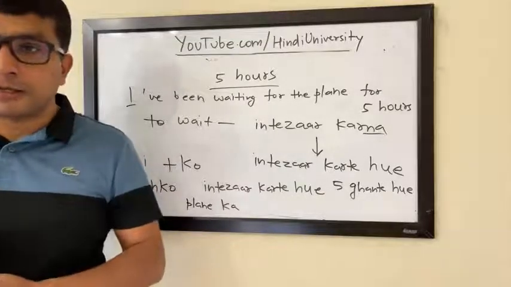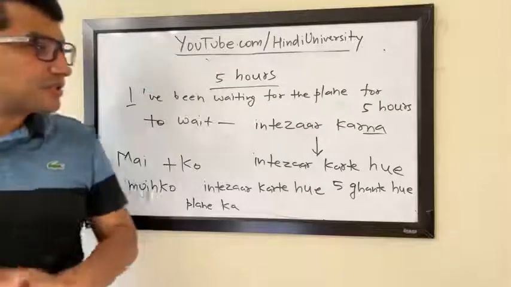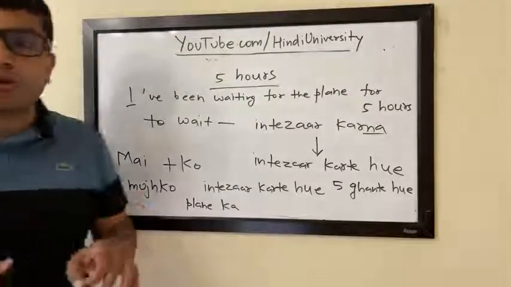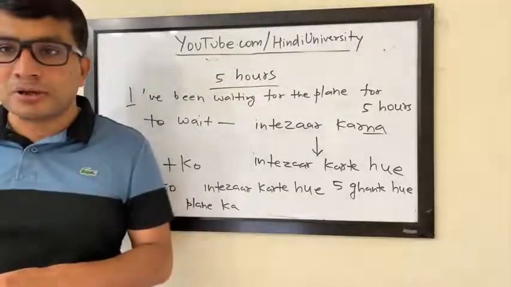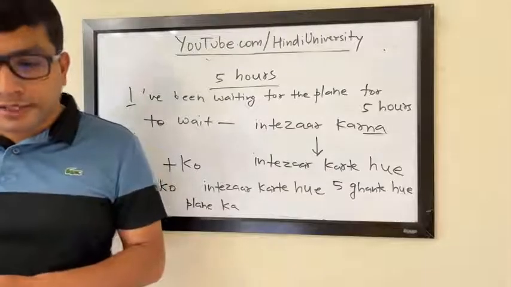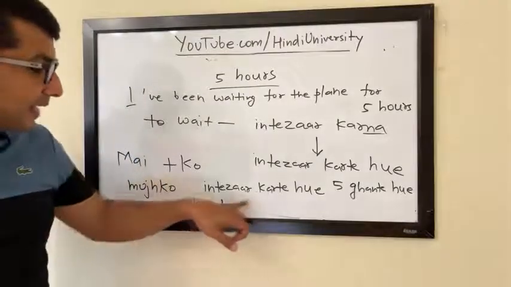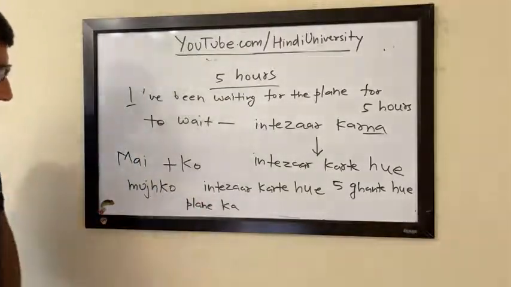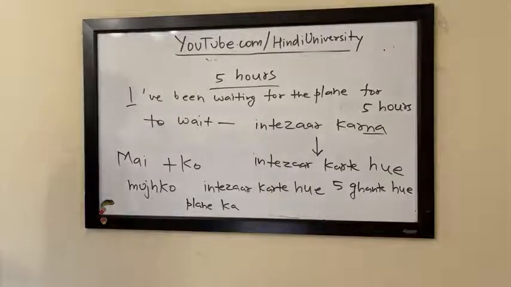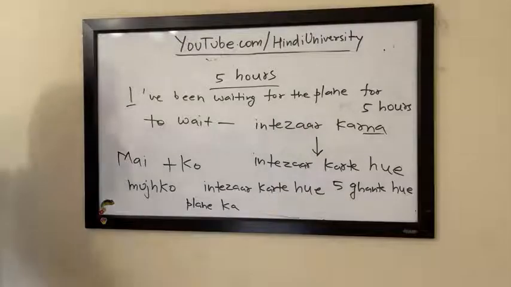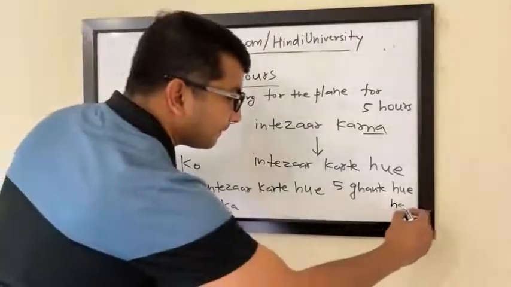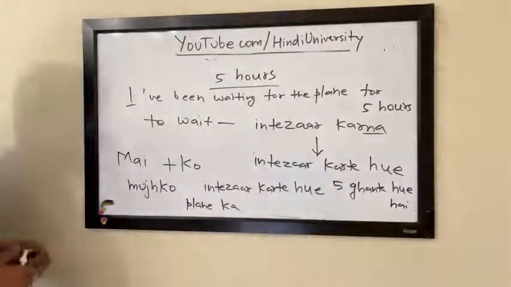The structure is similar to Ron ki beti, or Ron ka beta, right? Similarly here it's प्लेन का इंतजार. मुझको प्लेन का इंतजार करते हुए 5 घंटे हुए हैं, और हो गए हैं, और हो चुके हैं.